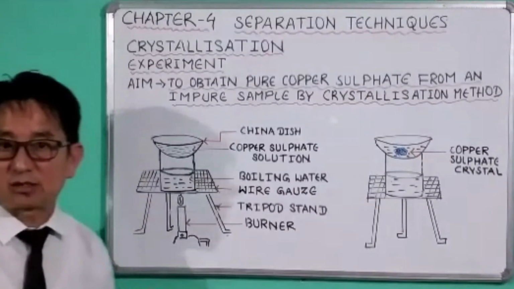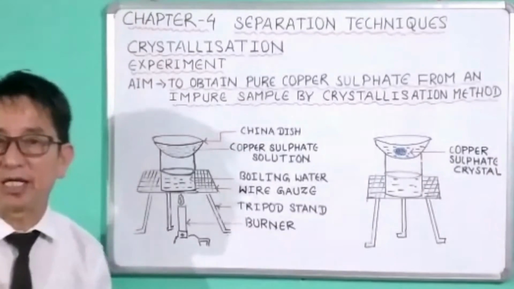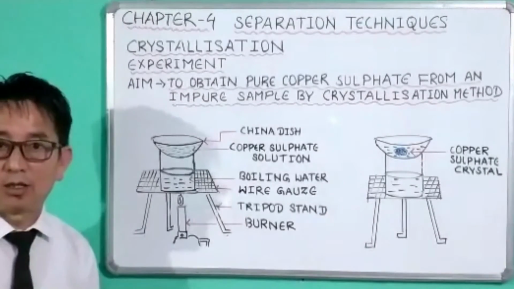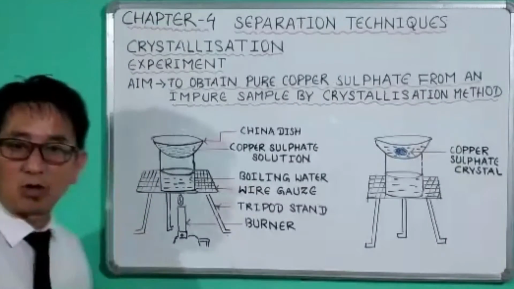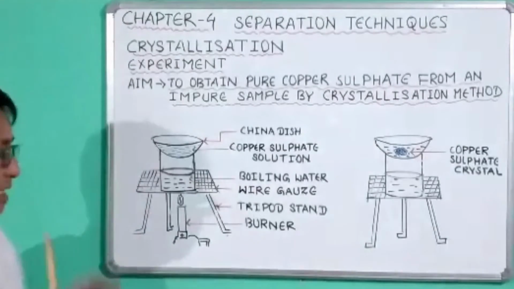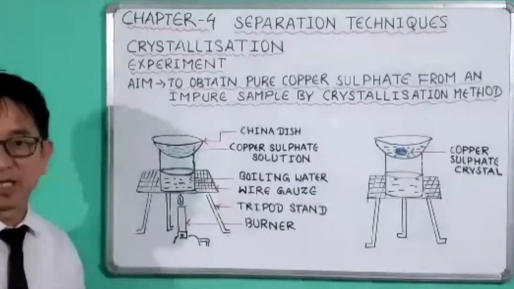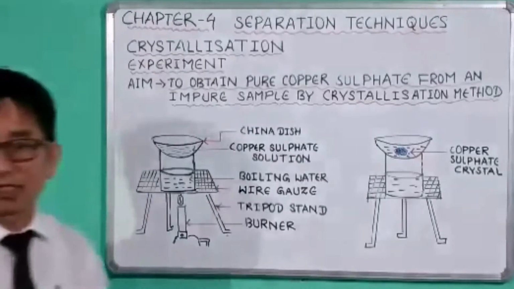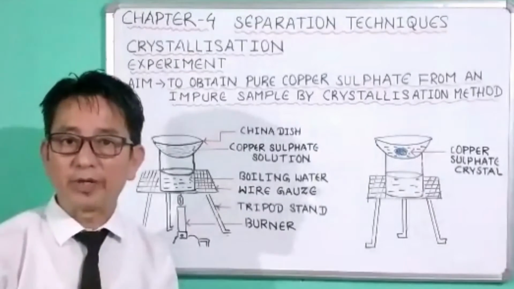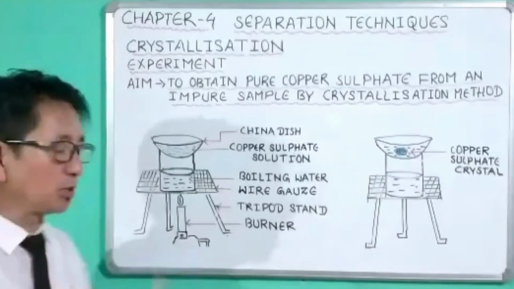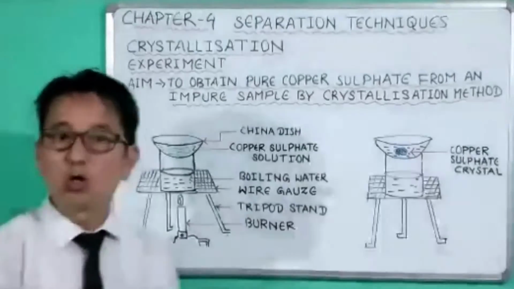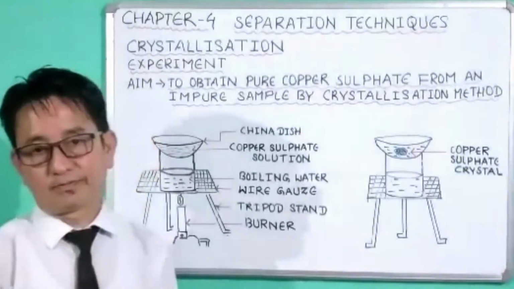Now heat this copper sulfate solution gently over the water bath in order to get a hot saturated solution of copper sulfate. Then stop heating. Now allow this hot saturated copper sulfate solution to cool slowly.